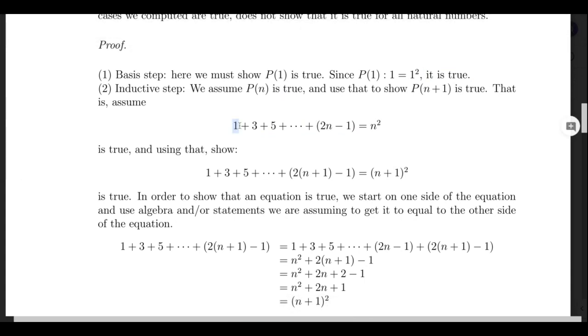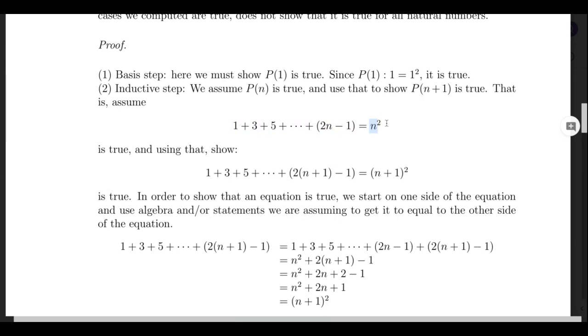So the 1 is the first odd natural number. 3 is the second odd natural number. 5 is the third one. And the nth one is 2n minus 1. So we assume the sum of the first n odd natural numbers equals n squared.